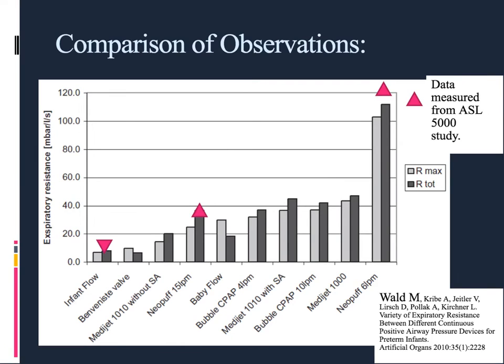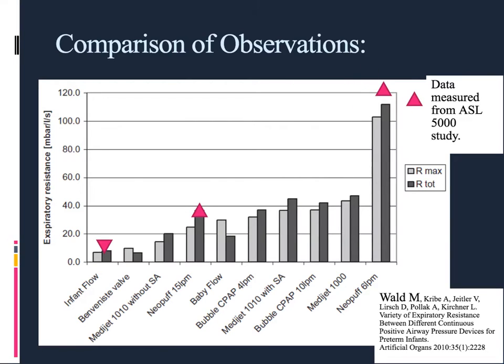It's a good thing to compare our observations with some other observations. If you remember, we were looking at some of the data that Wald produced and published. So we've just plotted the data that we calculated with this little triangle thing here. You can see we've got the NeoPuff at 6 liters per minute, at 15 liters per minute, and then we're comparing it to the infant flow or the CPAP ventilator.